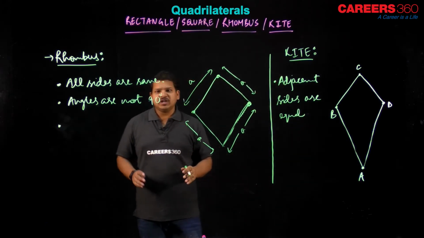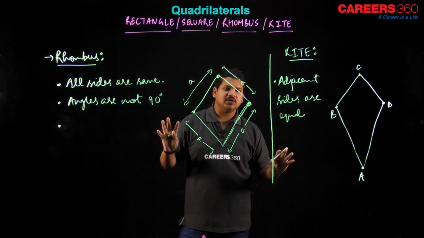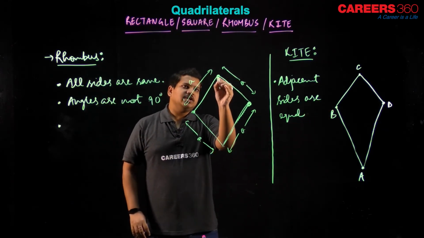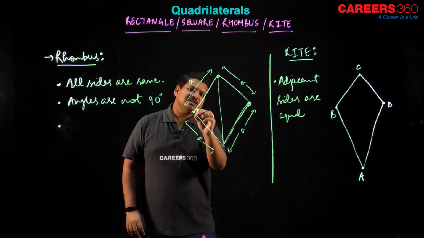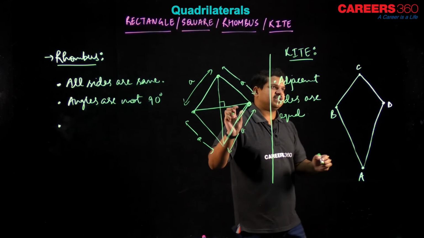Now you must be wondering why I am discussing rhombus and kite all together, because there is a property which is common in both cases, that is the diagonals intersect.